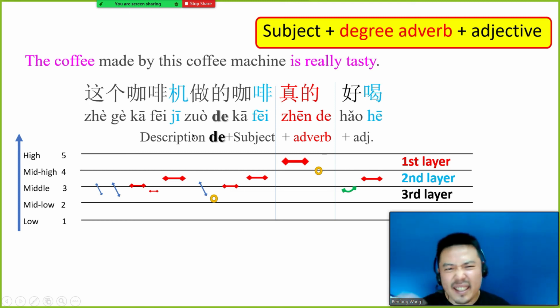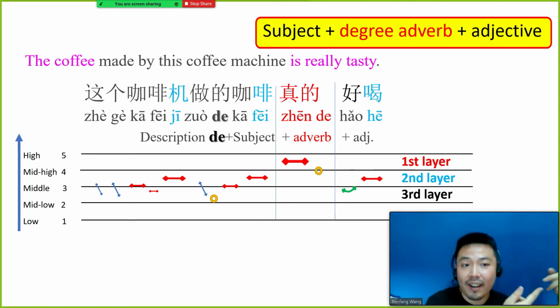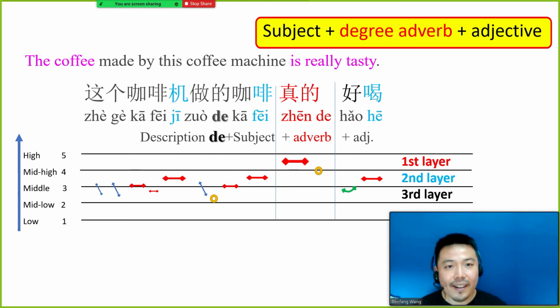And here in this sentence, the description for coffee is really long, so it's better to put an actual stress on 机 to make the concept clearer. So what kind of coffee? The coffee made by this coffee machine. 这个咖啡机做的咖啡真的好喝。这个咖啡机做的咖啡真的好喝。Perfect.